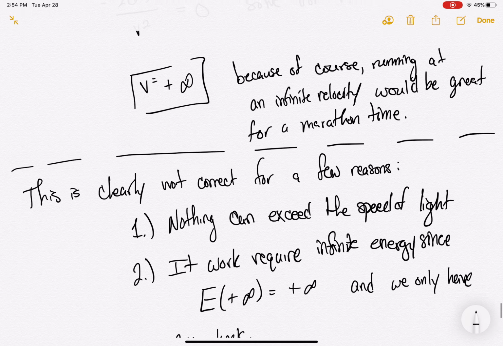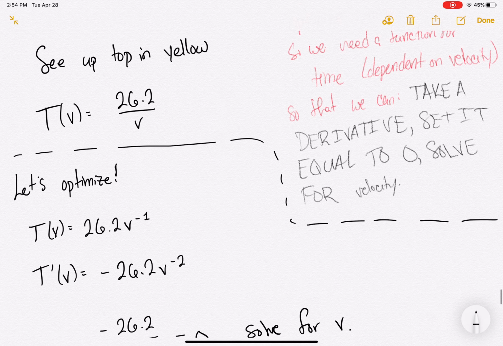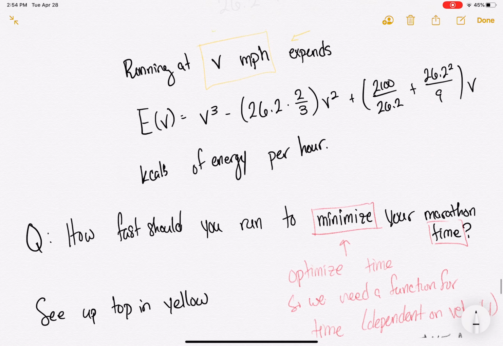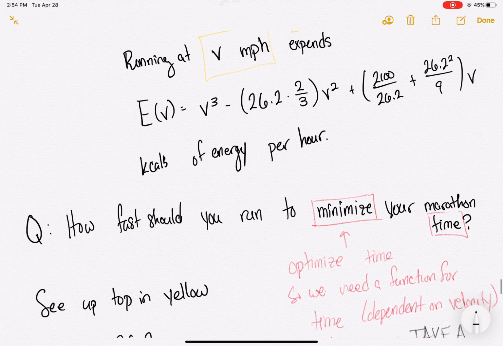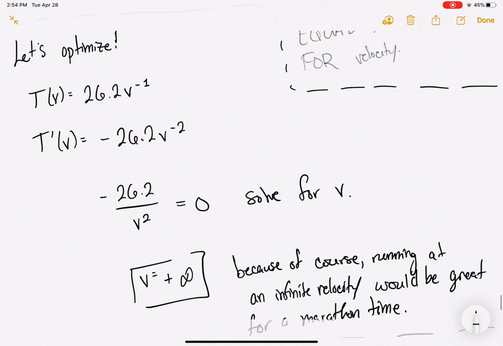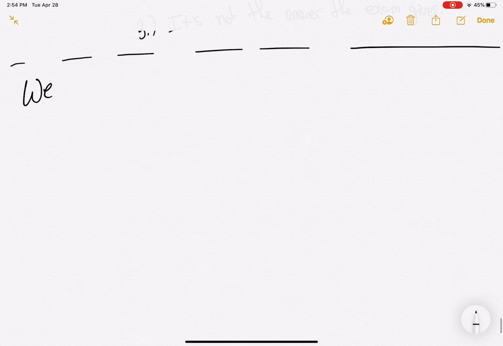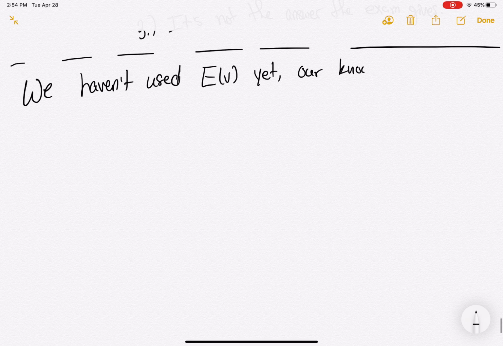Okay, so how do I fix this? How do I actually decide how fast I should run to minimize my marathon time? Well, like I said before, we haven't used E yet, and that's kind of our known quantity.